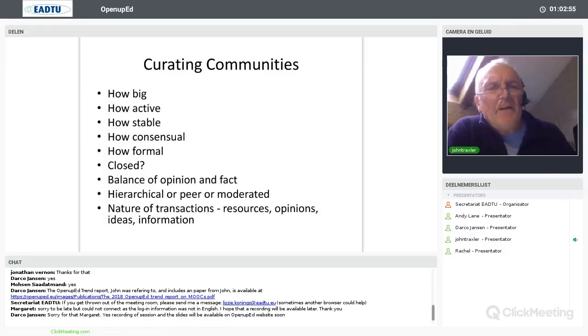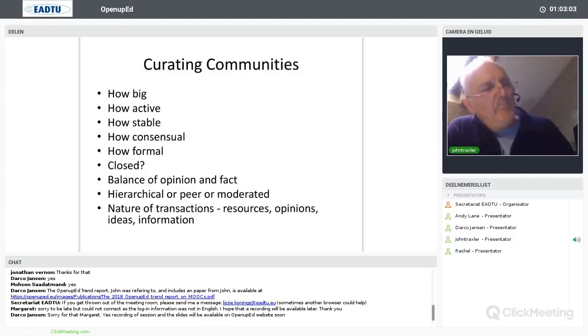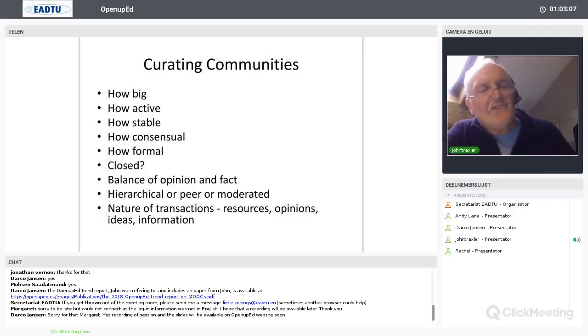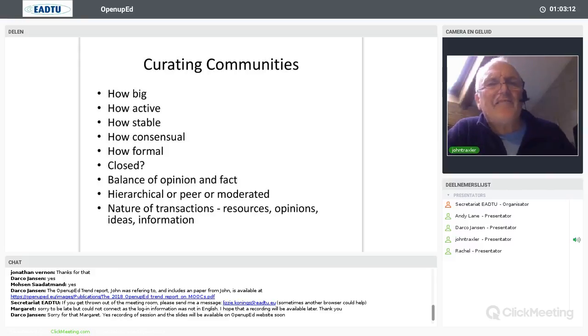And so should we be enabling our learners to join those communities outside the domain of our MOOC, to give them a richer experience, to widen their horizons? And if so, how would we curate those communities? What is the metadata of a community?